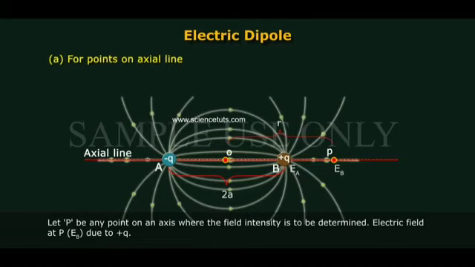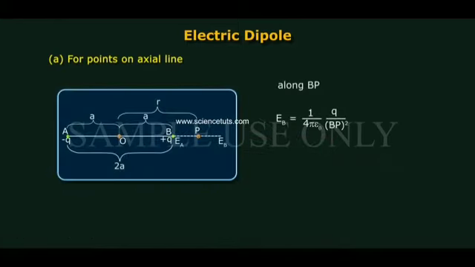Electric field at P, EB, due to plus Q. EB is equal to 1 by 4 pi epsilon naught Q by BP whole square along BP, which is equal to 1 by 4 pi epsilon naught Q by R minus A whole square.